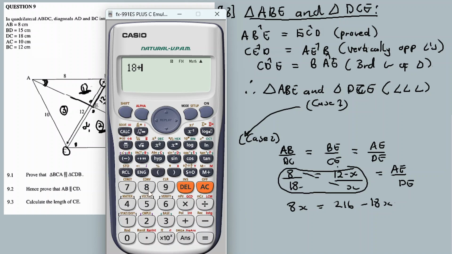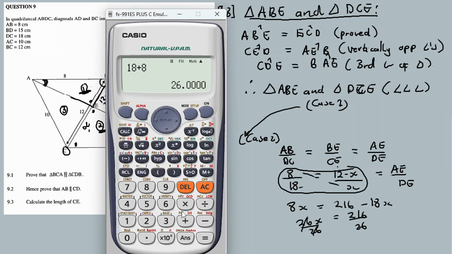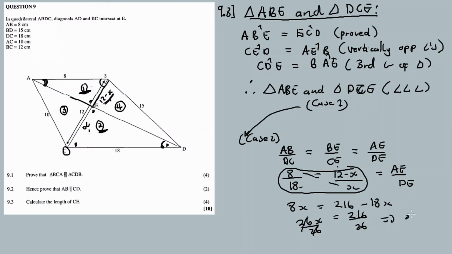So you have 18 plus 8, about 26. 26x divided by 216. 26 over 26, then 216 divided by 26 is equal to 8.31. Therefore x yoba 8.31. Right, remember x wami ubani uCE, so my x is equal to 8.31, that is CE.